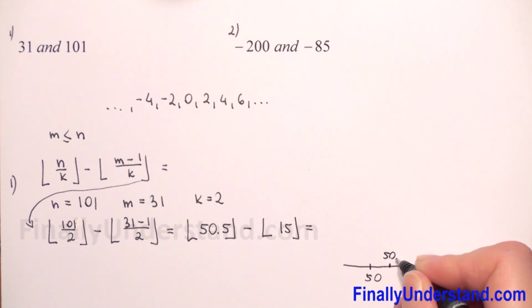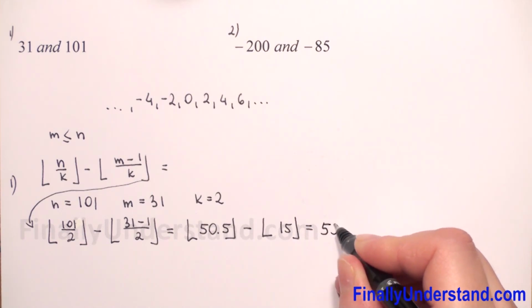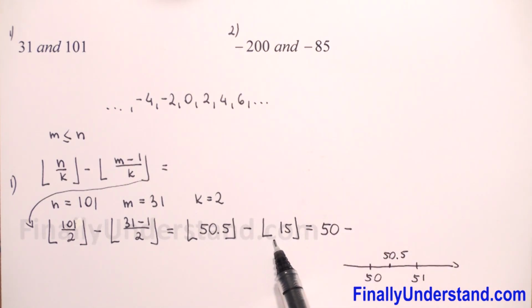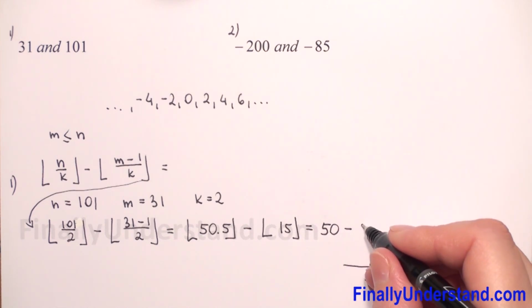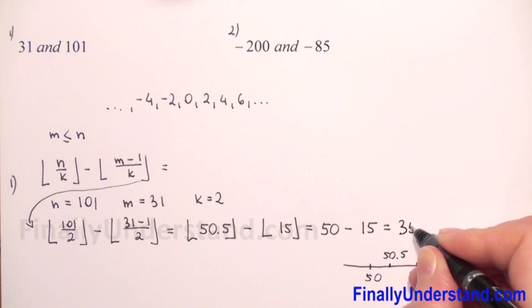The largest integer that is less is on the left side of this number, and this is 50. So we have 50 minus, and in the second expression we have floor of an integer. 15 is an integer, so it's the same number, minus 15. So this is equal to 35.